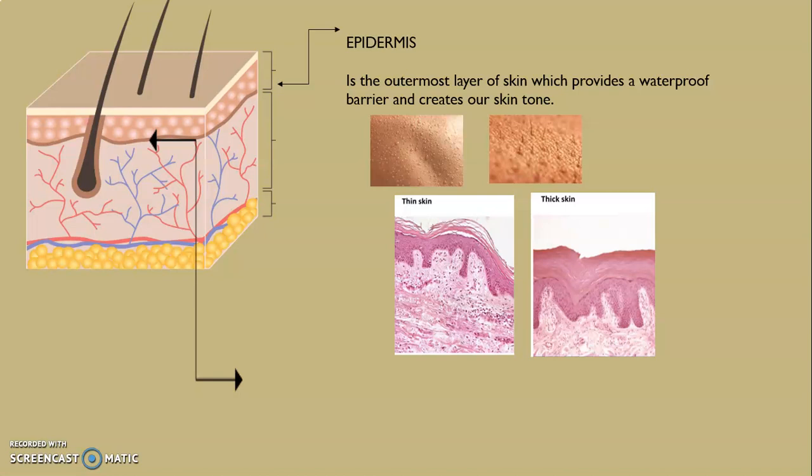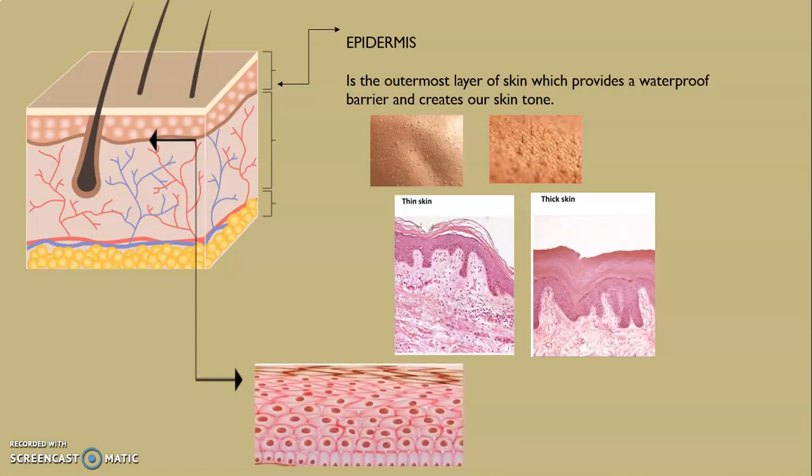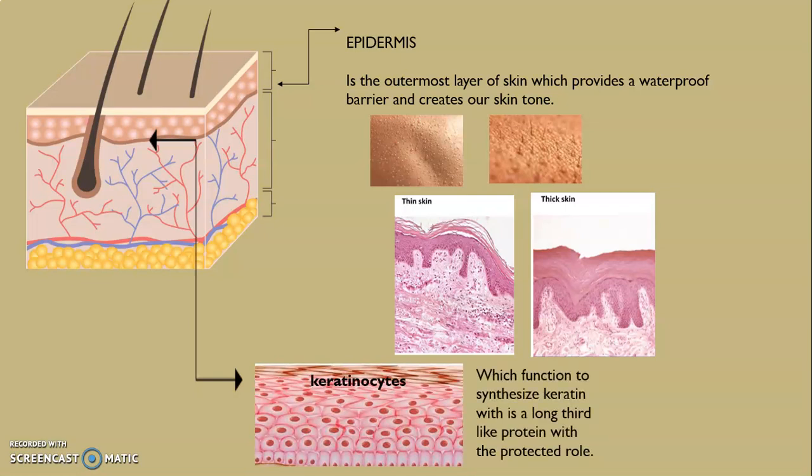The epidermis consists of a specific group of cells known as keratinocytes, which function to synthesize keratin, a long thread-like protein with a protective role.